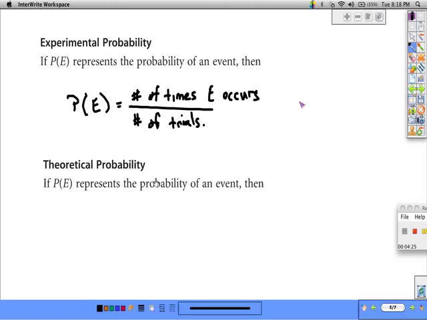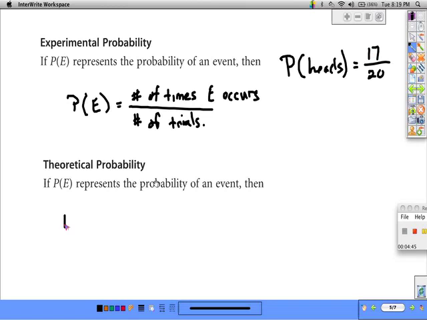So if I wanted the probability of getting heads, I could flip the coin 20 times total, and if I got heads 17 times, the experimental probability of getting heads is 17 out of 20.